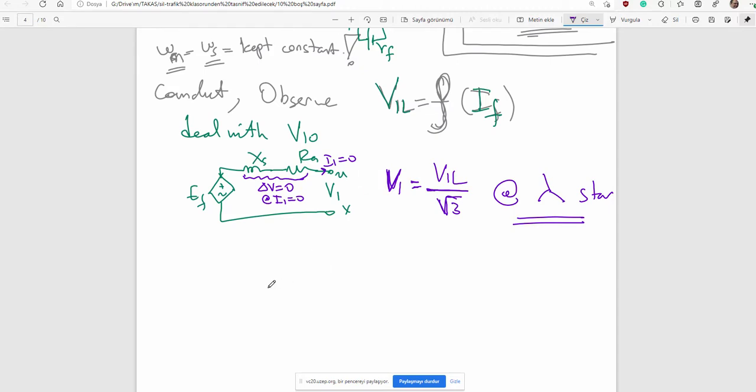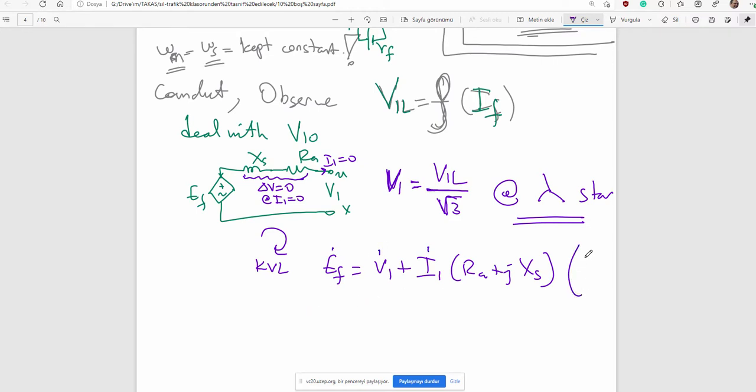What you see here is Kirchhoff's voltage law: the induced EMF is equal to the summation of voltages around the loop. That is the equation defining generator operation.